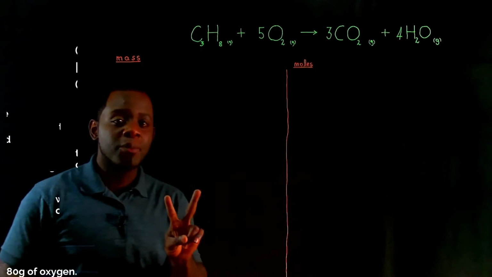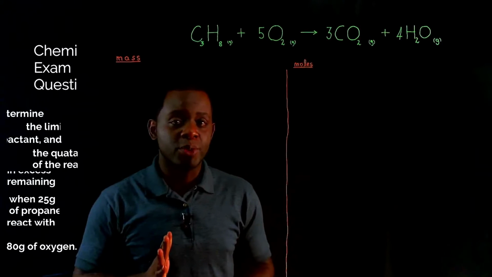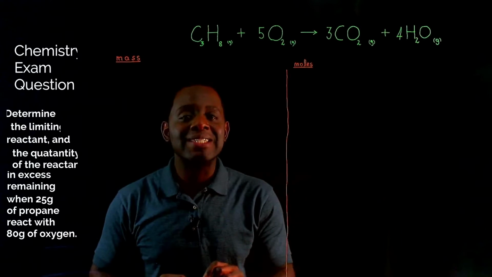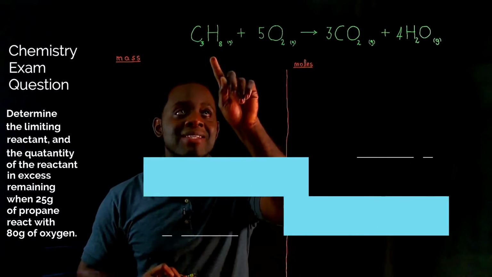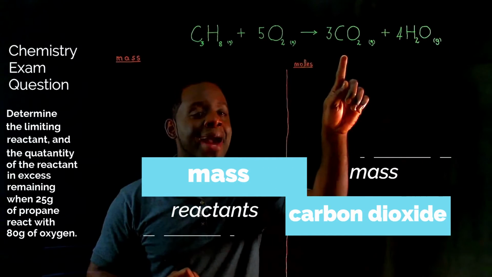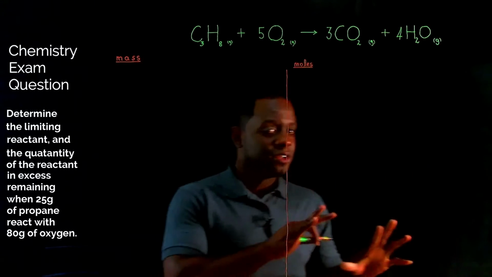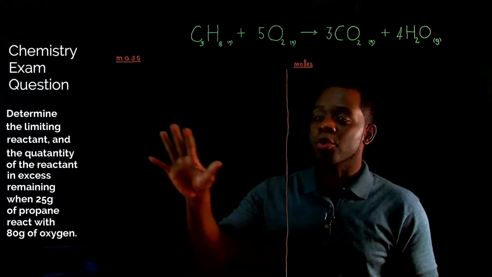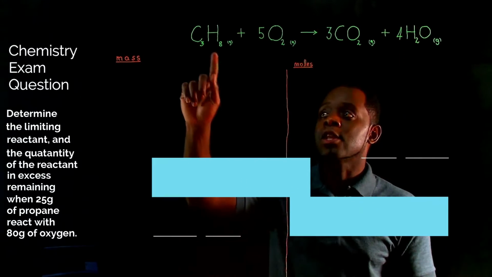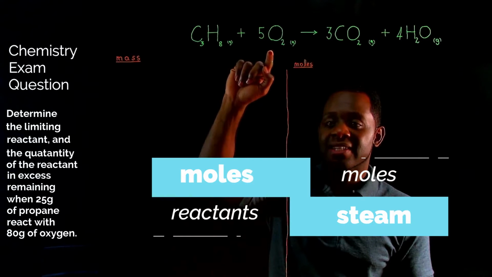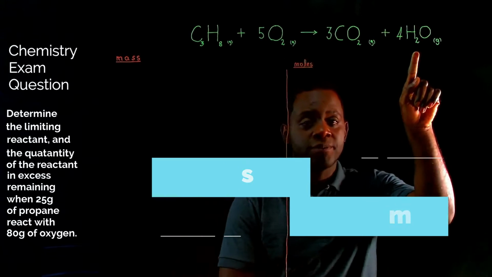Let's use two approaches to set out the solution to our problem. In the first approach, we will keep the quantities given in the question as mass to relate the masses of the reactants to the mass of the carbon dioxide product formed. And in the second approach, we will convert those masses given in the question to moles to relate the number of moles of the reactants to the number of moles of the steam product formed.